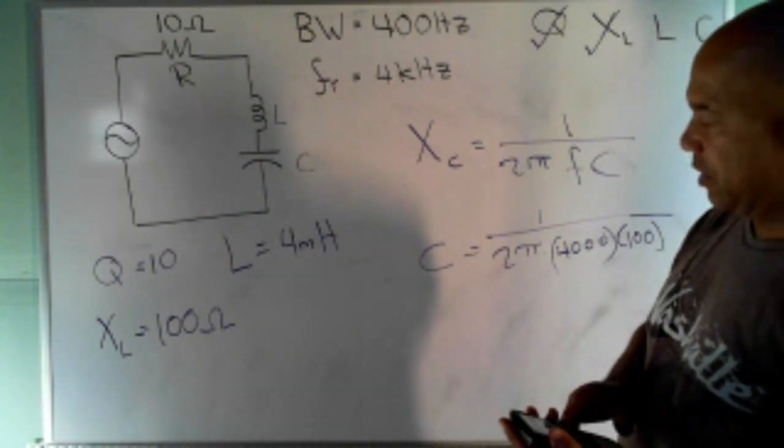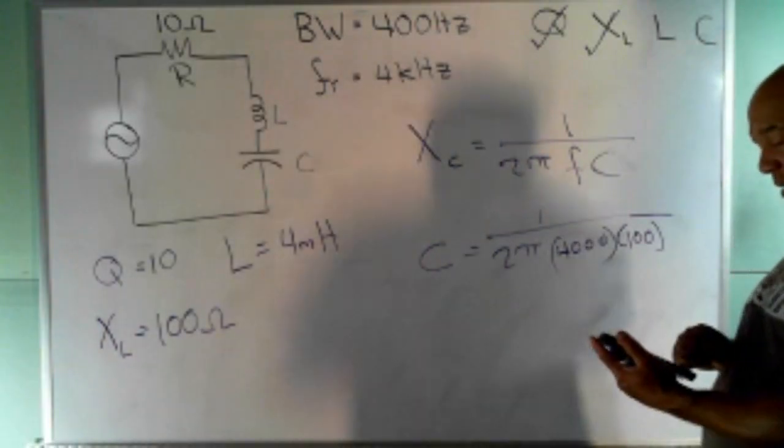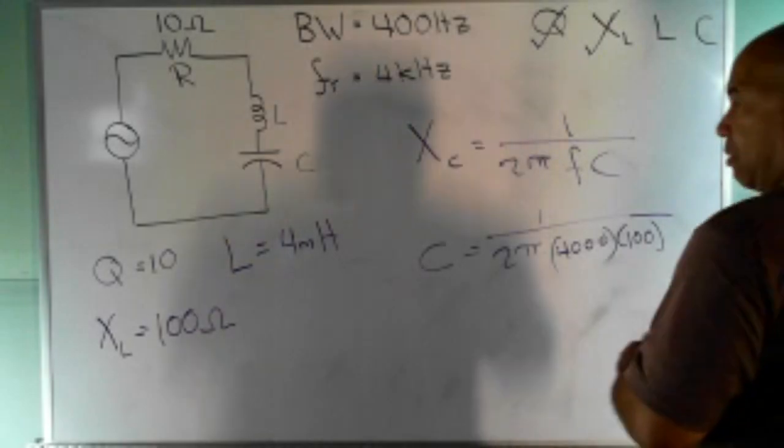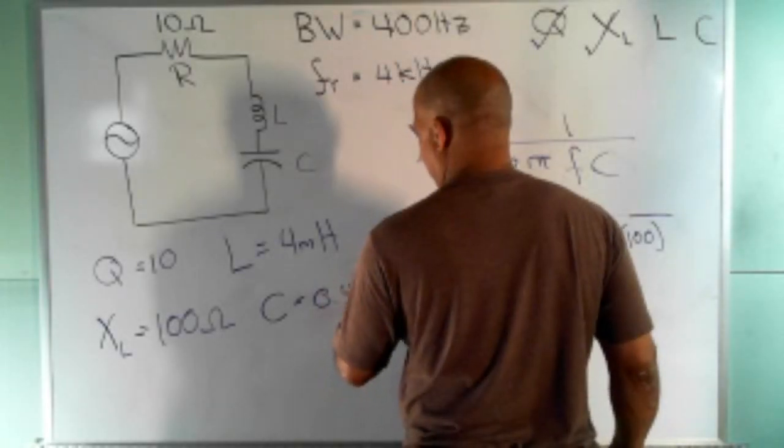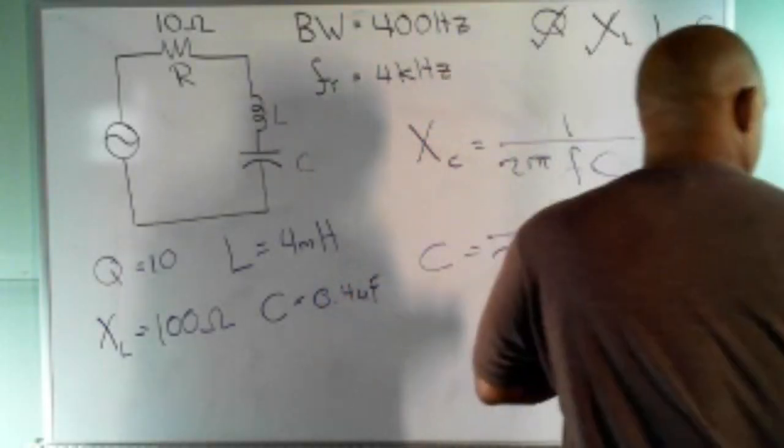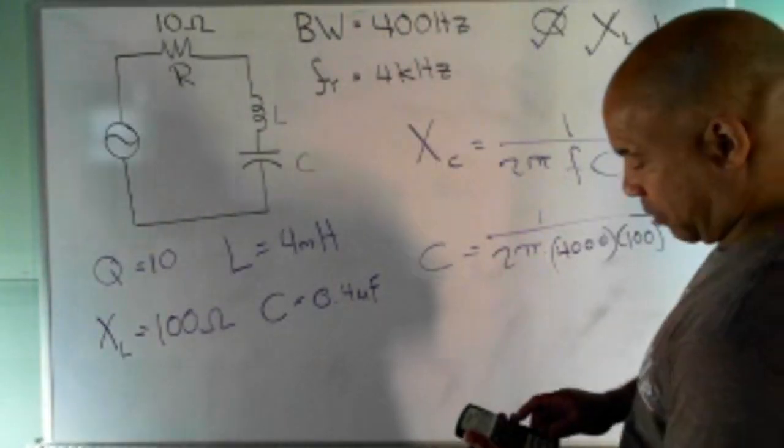Did somebody get anything different? Let me make sure I did that right. It says 3.98 times 10 to the negative 7. Is that 0.4? I got 0.4 microfarads. Let me just make sure. Hold on a second.